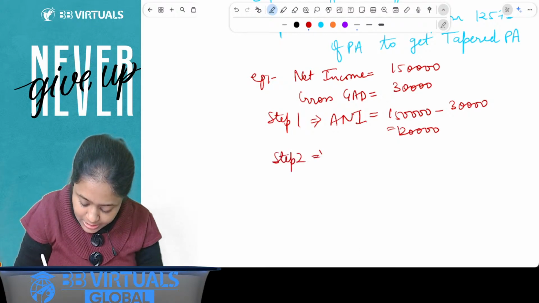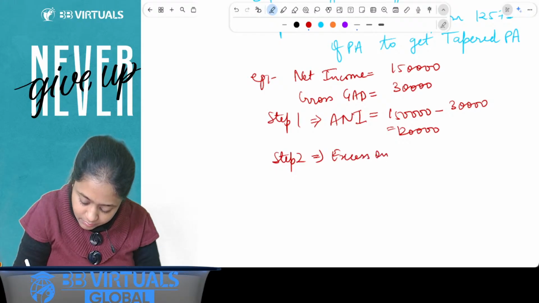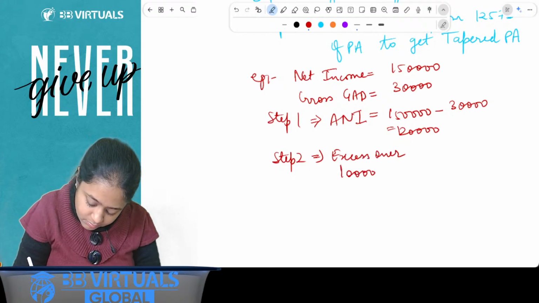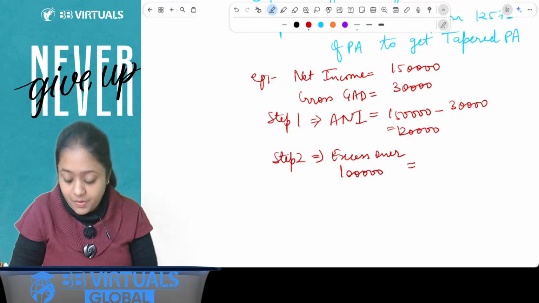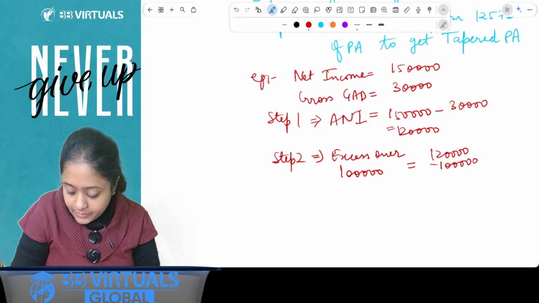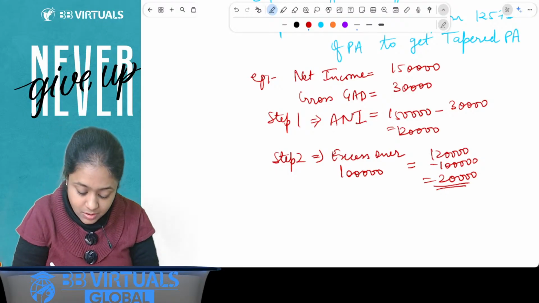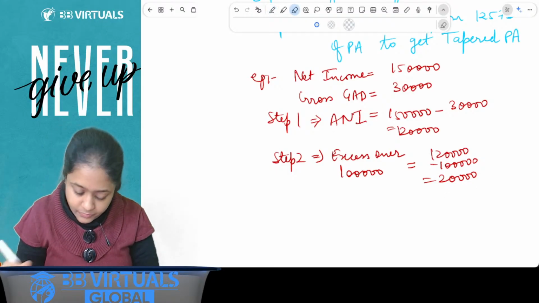Now let's go to step 2, which is calculate excess over 1 lakh. What is the excess over 1 lakh? 1,20,000 less 1 lakh. So I get here 20,000. So my excess is 20,000. Okay.